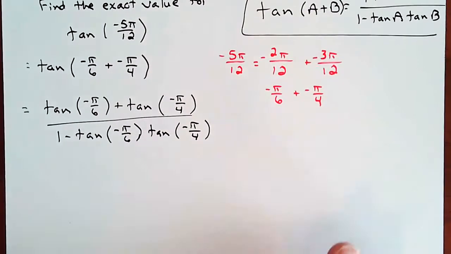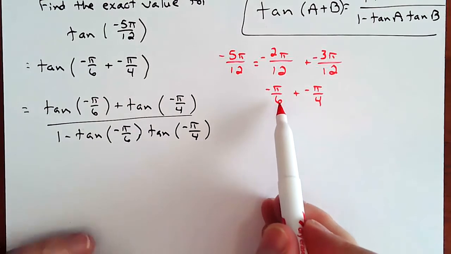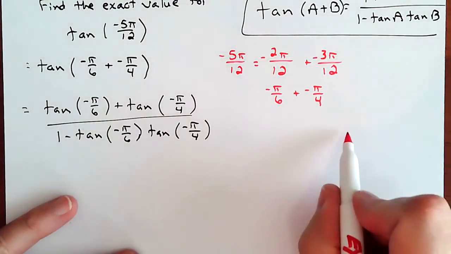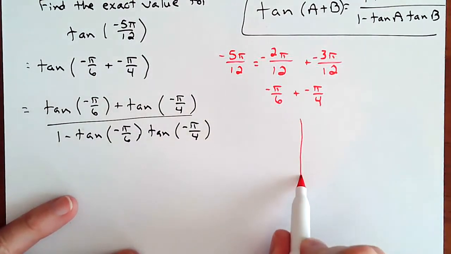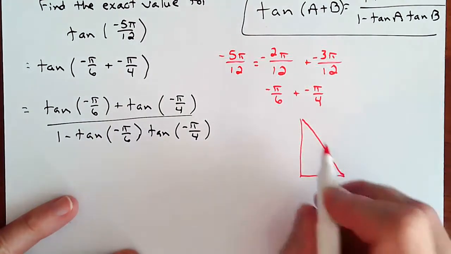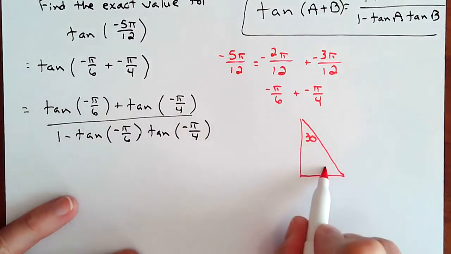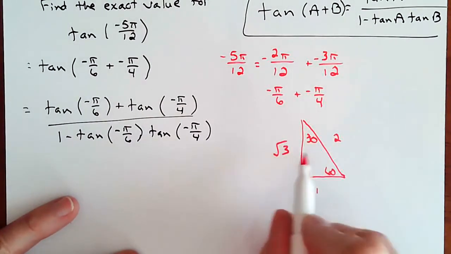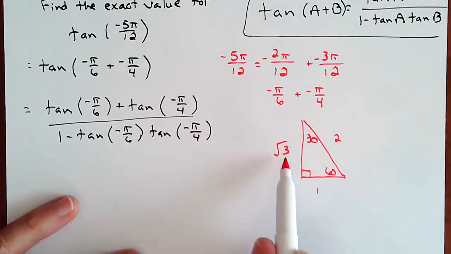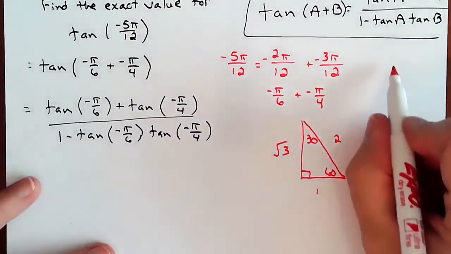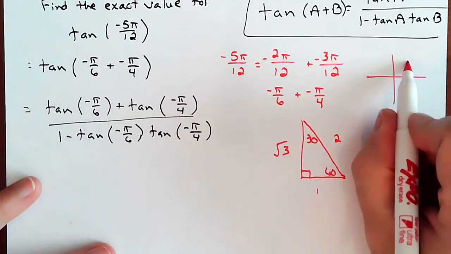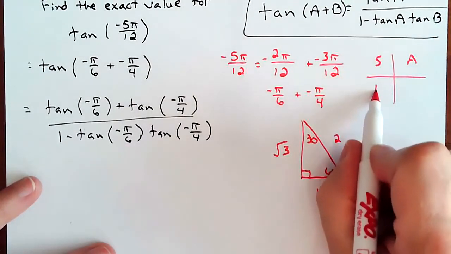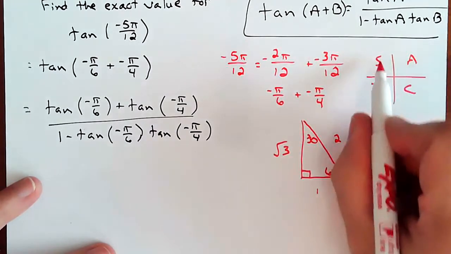Okay, so now I need to figure out what tangent of negative pi over 6 and negative pi over 4 are. Well, pi over 6 is a 30-60-90 triangle, so I'm going to be pulling information from these two triangles. And pi over 6 is a 30-degree reference angle, with sides 1, 2, root 3. So tangent of 30 is 1 over root 3. But we also have to take into consideration our all students take calculus rules.